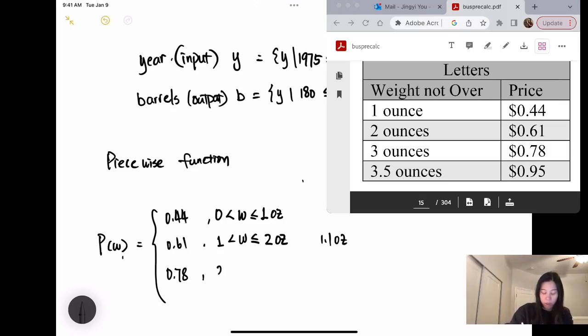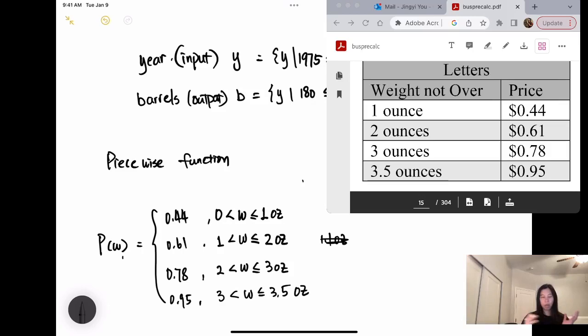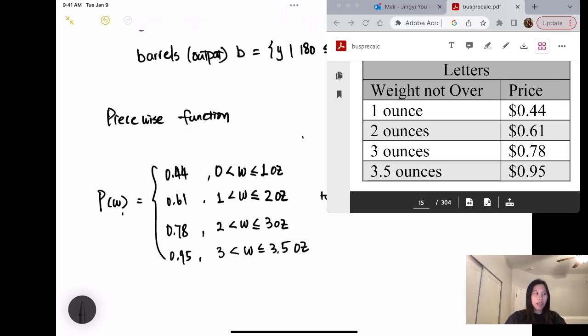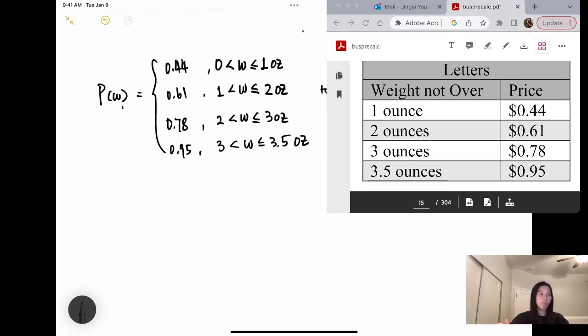When the weight is between 2 ounces and 3 ounces, not including 2 ounces, including 3 ounces. Similarly, the last one would be between 3 ounces and 3.5 ounces. So this is a piecewise function. That means the price, the output, depends on different sets of input. So now let's say I give you a cell phone company that uses a function below to determine its cost.